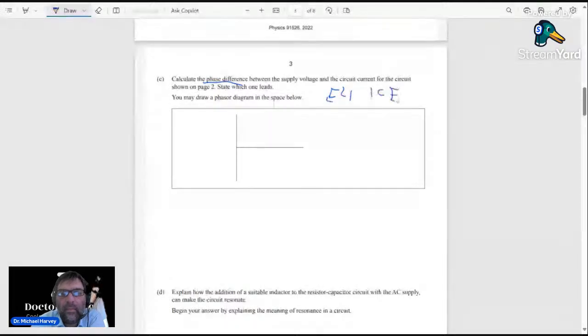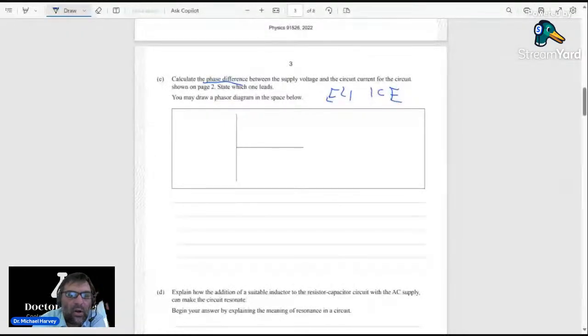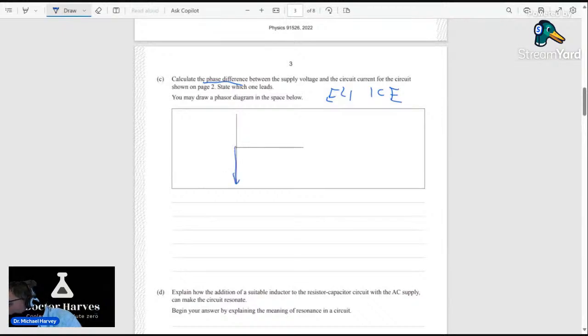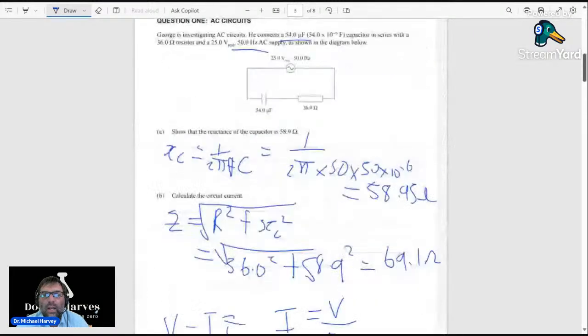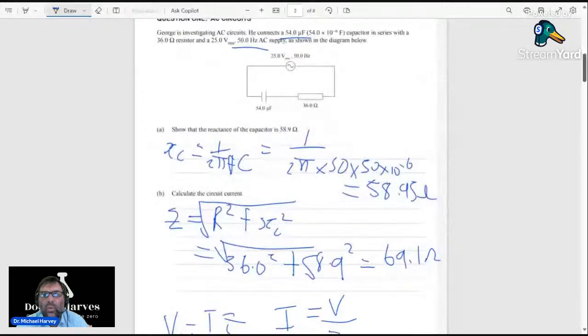Ice. Draw the phasor diagram in the space below. So you basically have that going there. Isn't it usually XL and XC, R and XC? Well, it depends on the circuit. In this particular case, because we have a capacitor only in our circuit, we don't have to worry about XL.